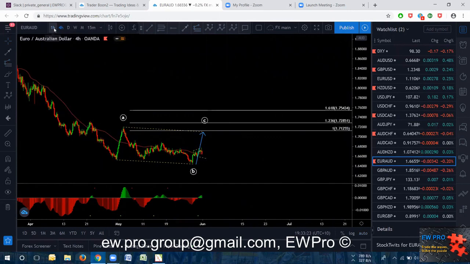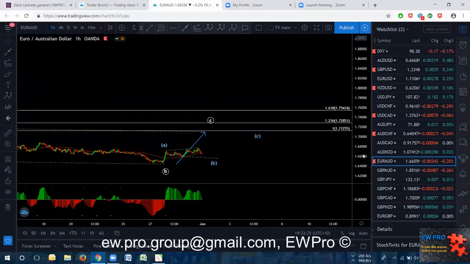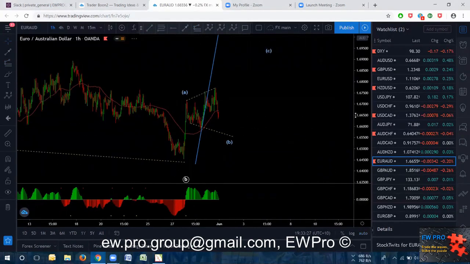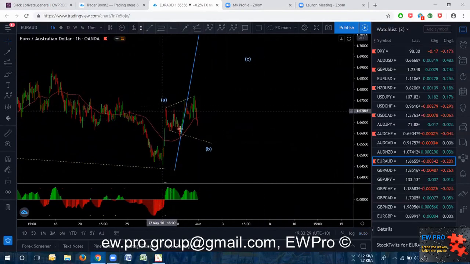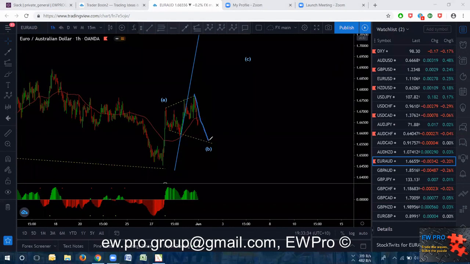If we go down on the lower time frame, I'm looking at this as a flat, running or expanding flat. More than likely it'd be an expanding flat. So we get the A, B, C, and then we get that A, B, C. This might be a nice trade this week.